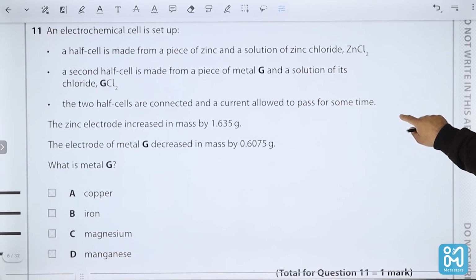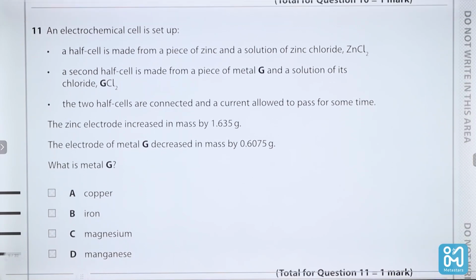For the next question, an electrochemical cell is set up. A half cell is made from a piece of zinc and a solution of zinc chloride, ZnCl2. A second half cell is made from a piece of metal G and a solution of its chloride, GCl2.